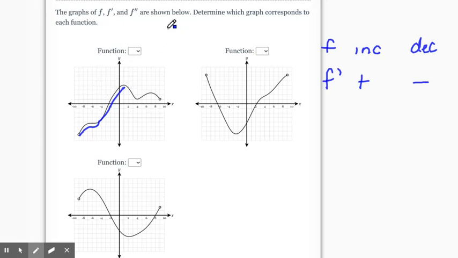So if this were the original function, then a derivative of it would need to be positive, above the x-axis, until about x equals 1. Well, this graph is positive, but then it becomes negative way before x equals 1. So this would not be the derivative of that if this is the original function.